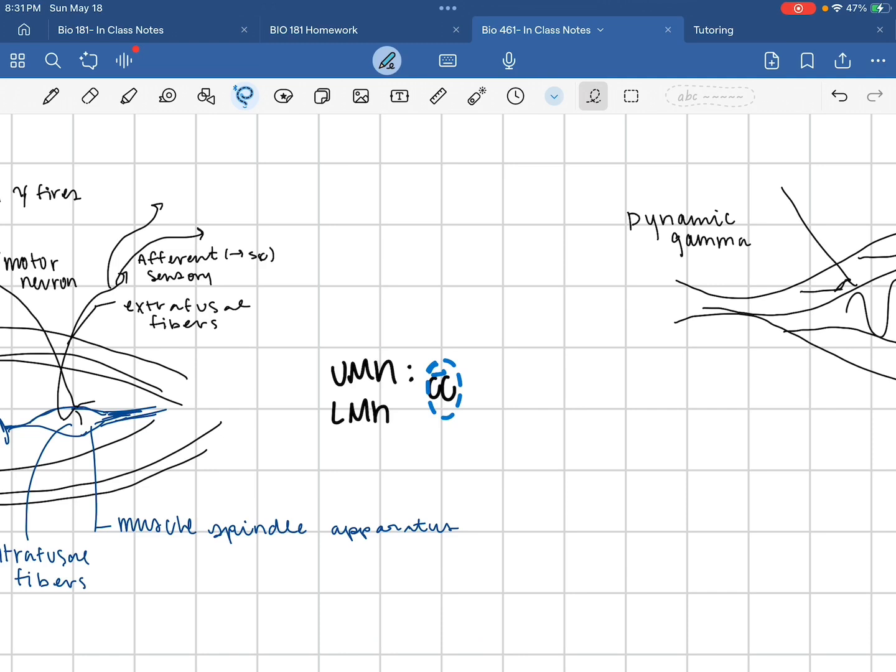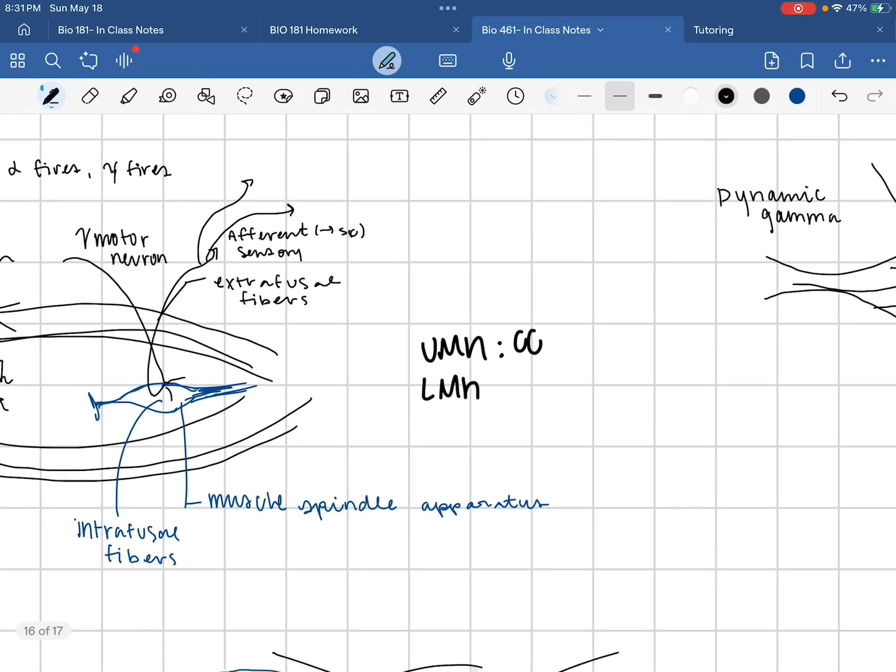The upper motor neurons also synapse with the lower motor neurons of the spinal cord. The lower motor neurons leave the spinal cord and synapse with the skeletal muscle at the neuromuscular junction.